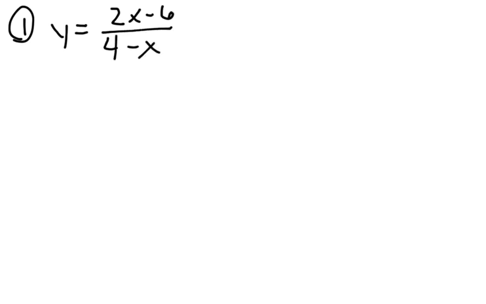Alright, so here's our first example. We're going to use y equals 2x minus 6 over 4 minus x. So you can probably notice this is a rational function. Different functions have different features from things you've learned in years past. Step 1 in doing M2I2ACID is to find the first derivative.